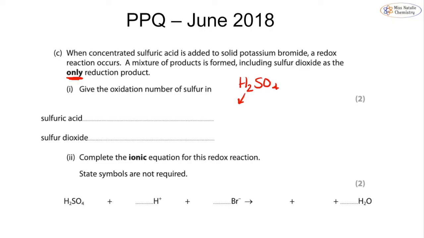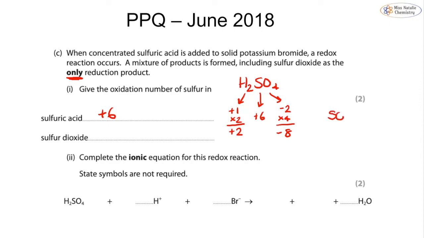So remember from our oxidation number rules, hydrogen is going to be +1, and I have 2 of them, so that's going to be +2. Oxygen is always -2, and I have 4 of them, so that's going to be -8. It needs to balance out to 0, so if I have a -8 and a +2, that means that my sulfur must be +6. So for sulfuric acid, it is +6.